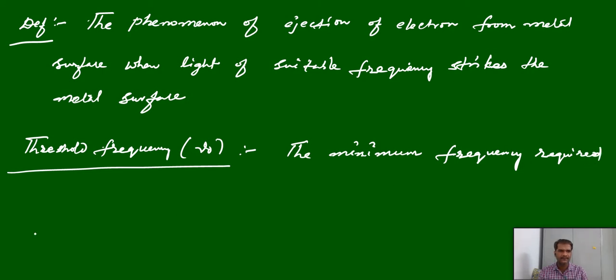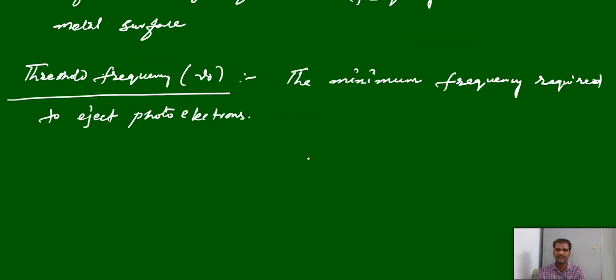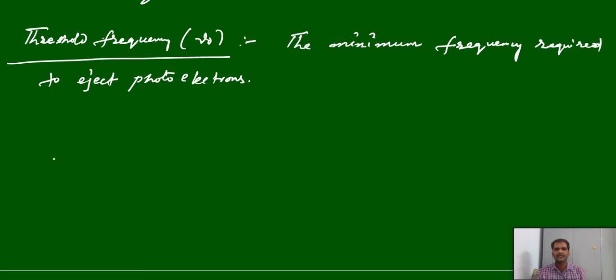By striking with a photon of suitable frequency, you can eject the electrons. The minimum frequency required to eject photoelectrons is called the threshold frequency, that is nu naught.